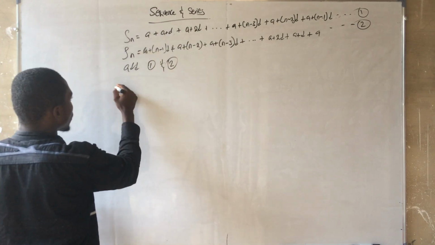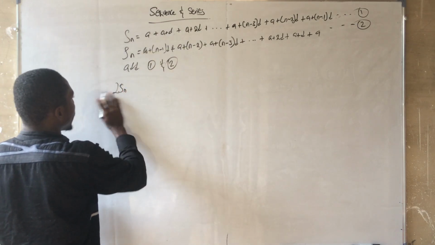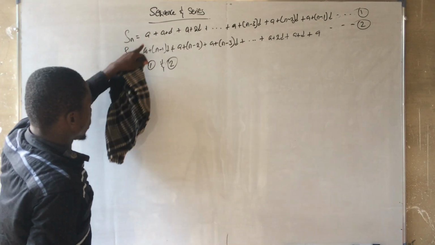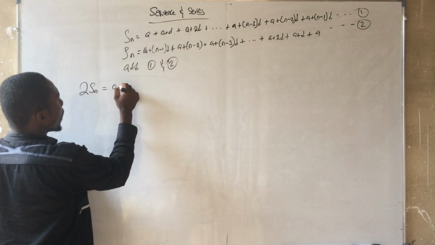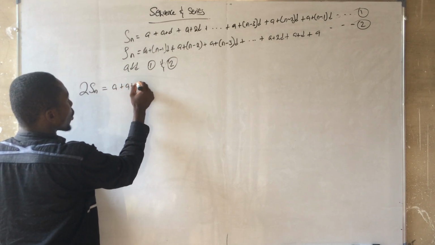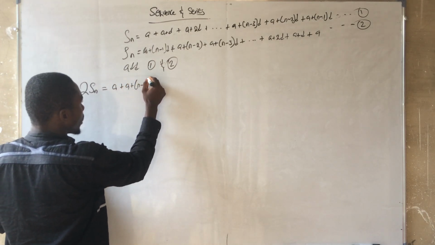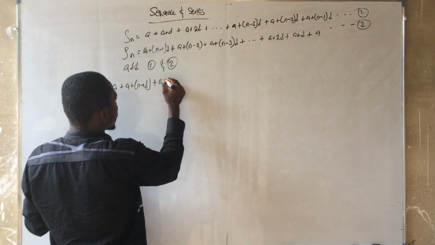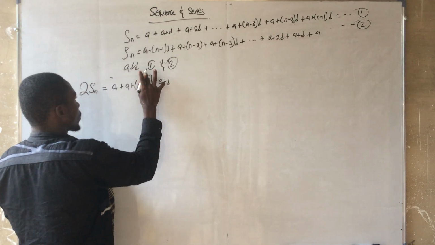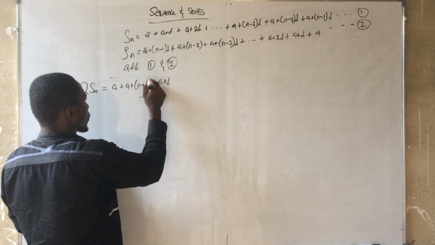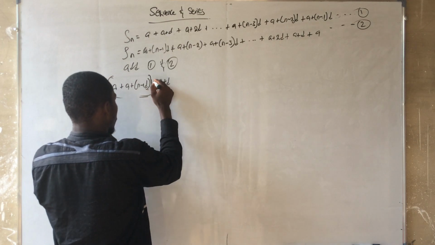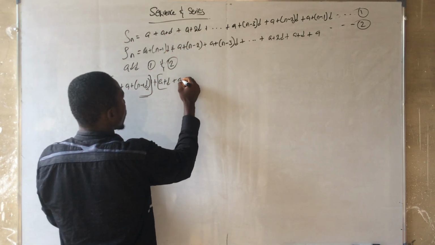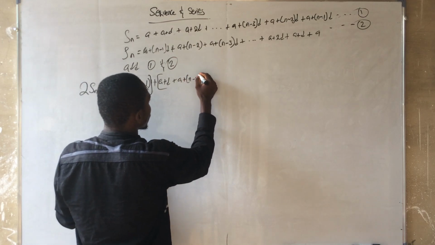So Sn plus Sn is going to give us 2Sn. 2Sn is equal to this plus this, which gives us A plus (n minus 1)D plus A plus D plus A plus (n minus 2)D.